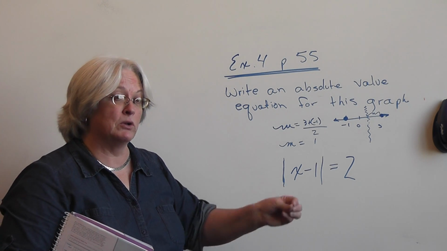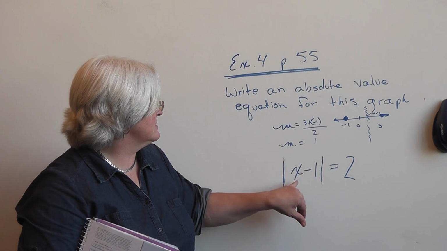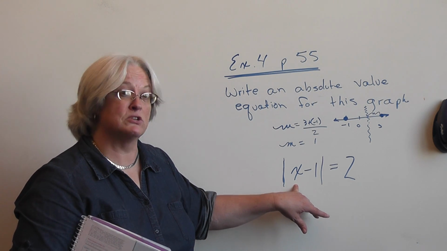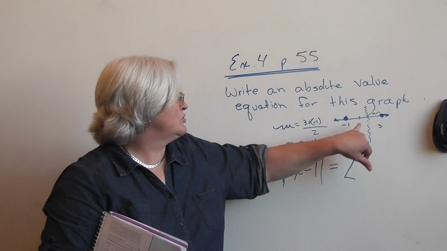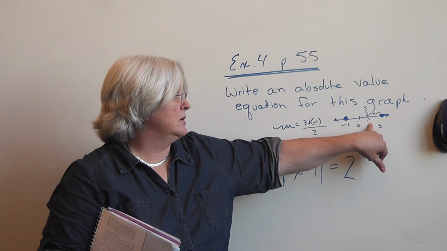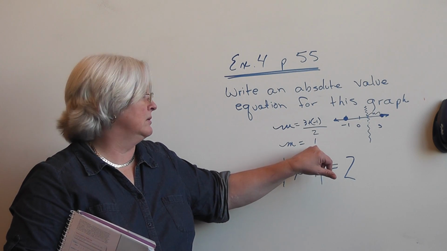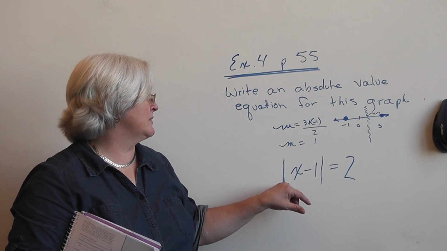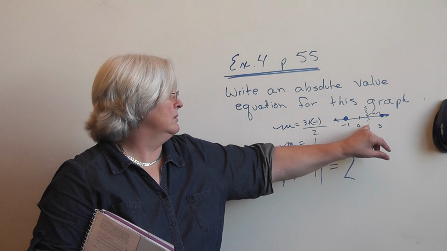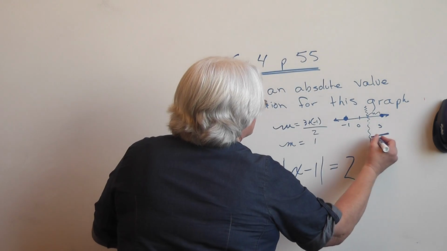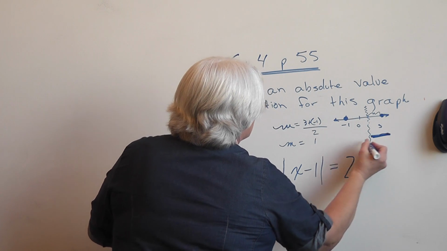You know, I got some good clarity on the first part of it, but this is the distance from any number, distance from the number to 1, which is our midpoint, which is our 0. The distance from a number to 1 is 2. That's our absolute value. That's our distance.